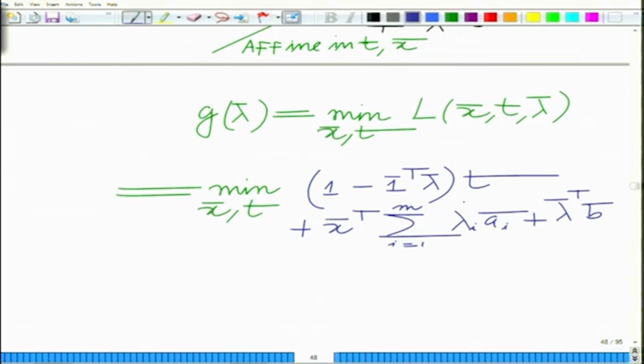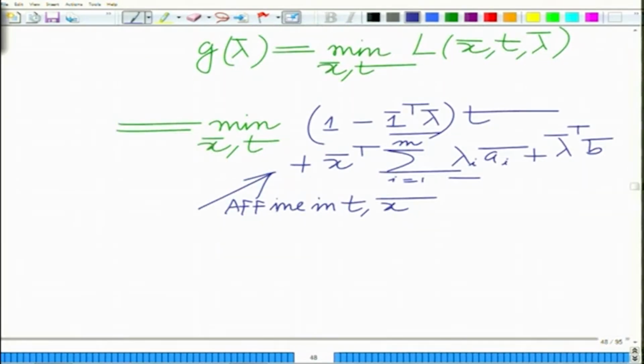Now, you observe this is affine in t comma x bar, which means it is a hyperplane. If the coefficients of t or x bar are not 0, it tends to minus infinity.